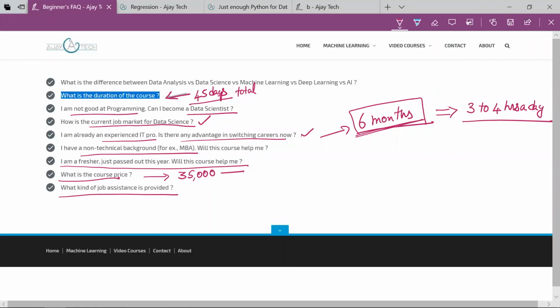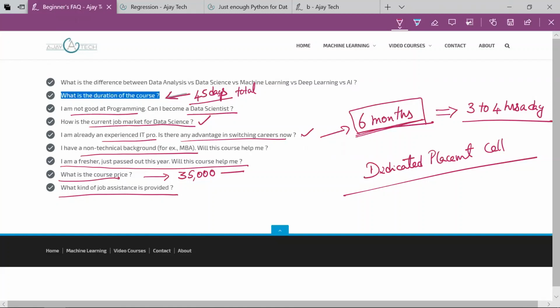Now, there is a dedicated placement cell, meaning once the course is complete, we will make sure that your resume is good enough that the market can notice it.